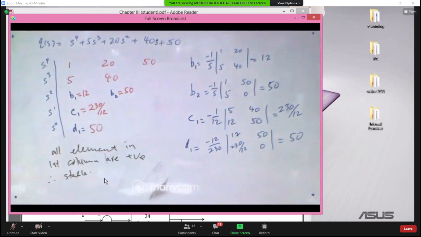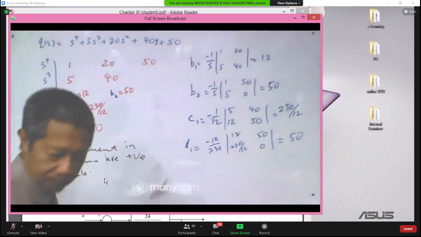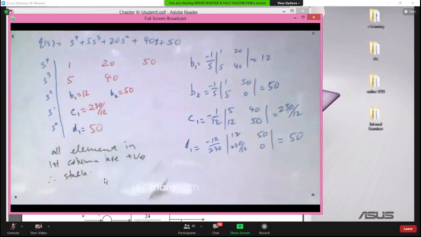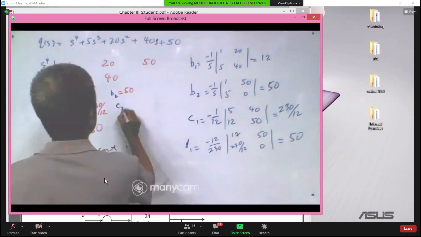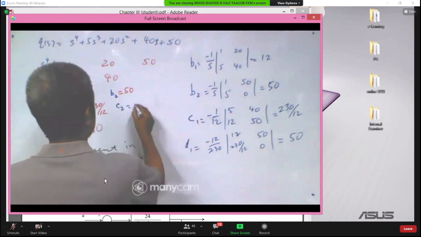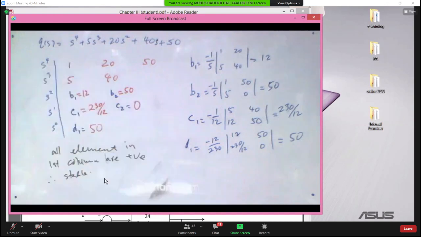Do you have any question? Why we don't need C2? All right. If it makes you feel any better, then you can compute C2. C2 equals 0. You can verify that C2 is equal to 0.